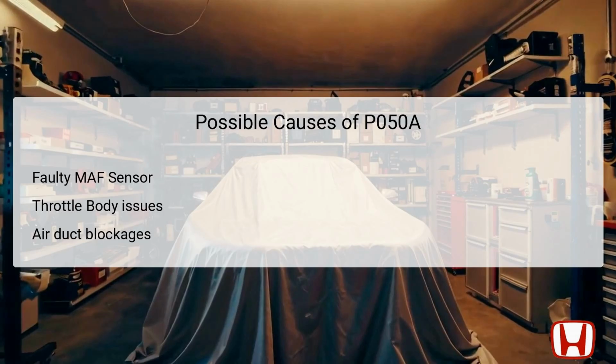Additionally, blockages in the intake air duct often contribute to airflow discrepancies, resulting in abnormal performance indicators as monitored by the PCM. Each of these components is interconnected, meaning that a failure in one could influence others. It's crucial to consider all potential causes during troubleshooting to ensure a comprehensive approach.